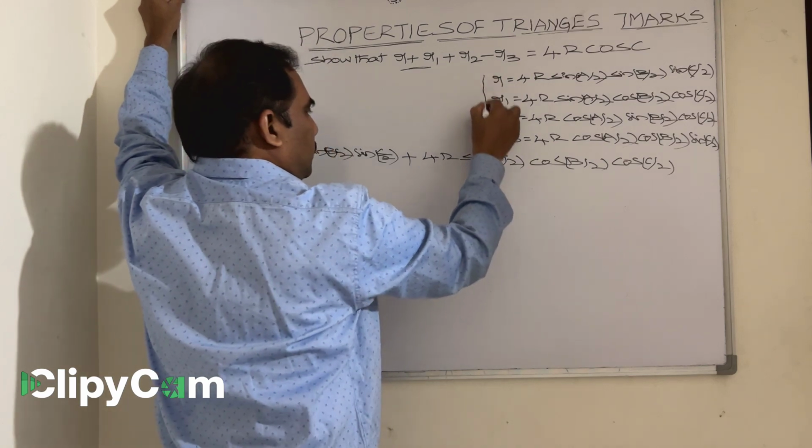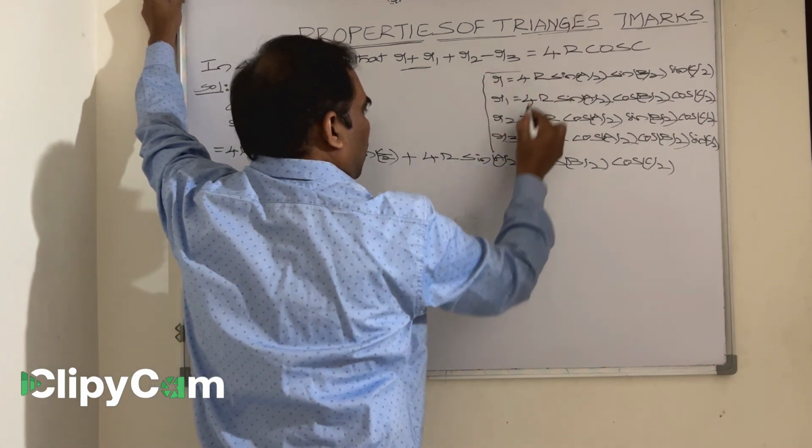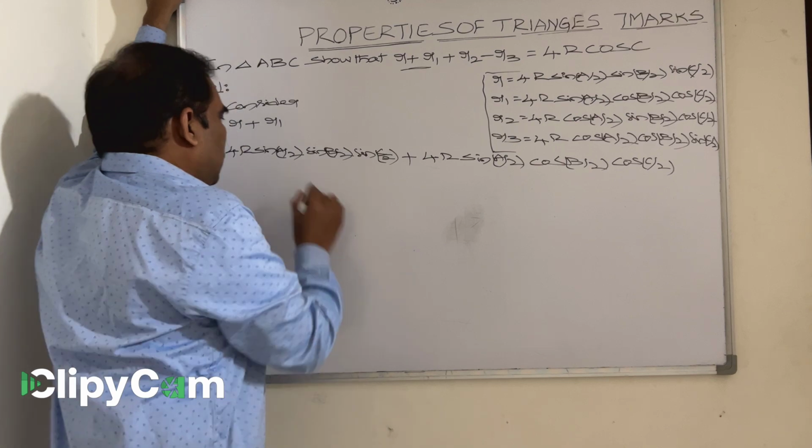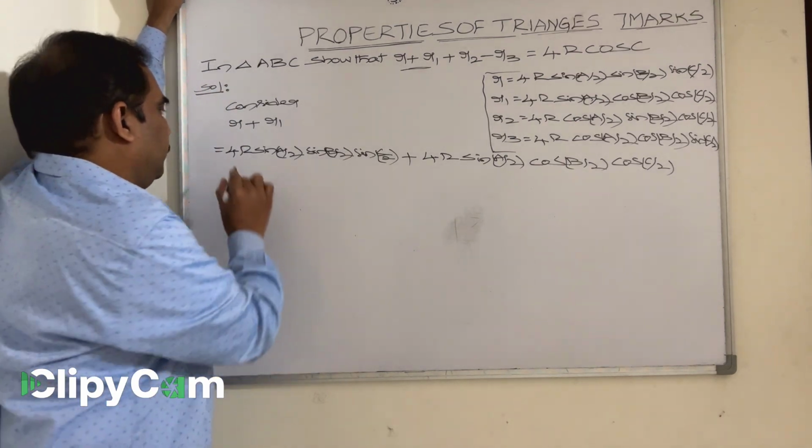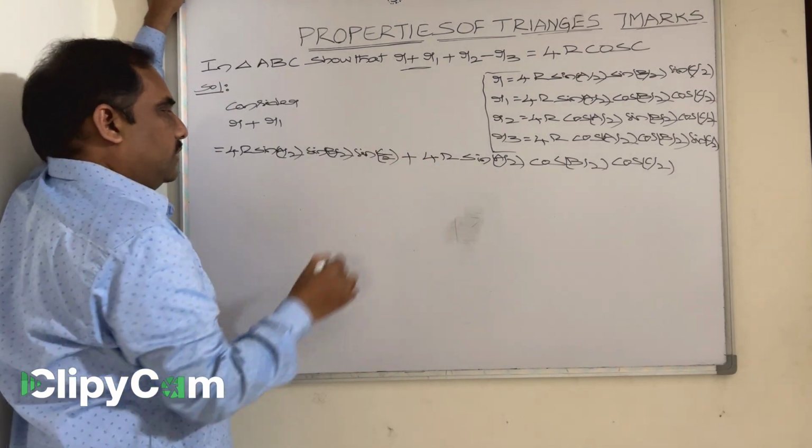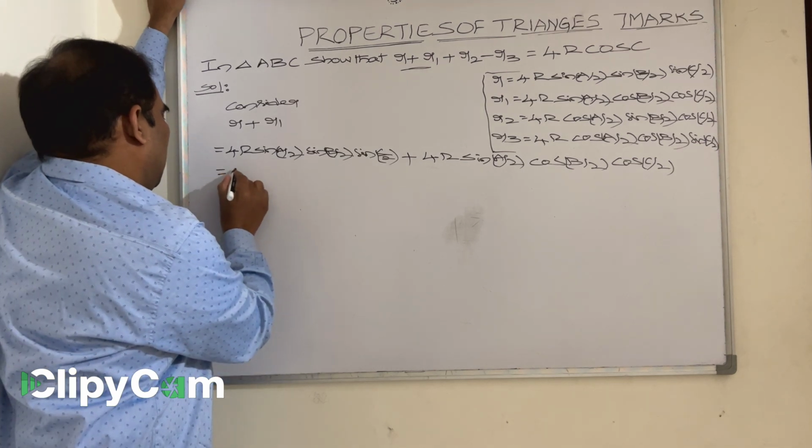In these two terms we have 4R and sin A by 2 common clearly.